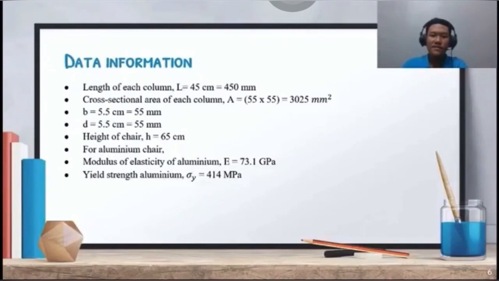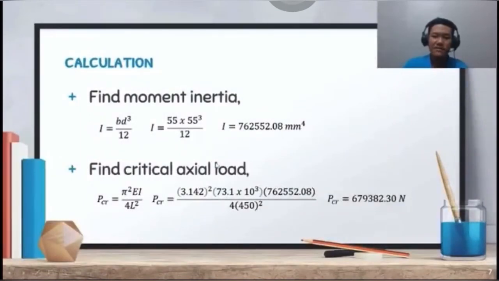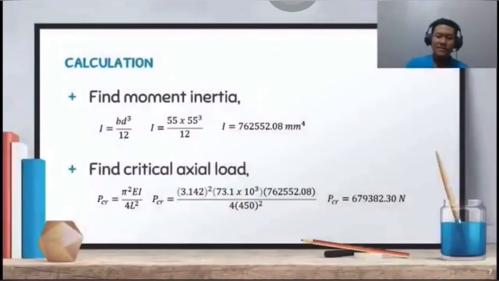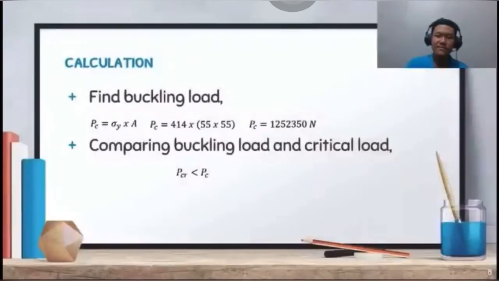L is the length of each column, 45 centimeter equal to 450 millimeter. We are using millimeters for every value here. So we get the critical axial load for the column of the chair, 679,382.30 Newton.